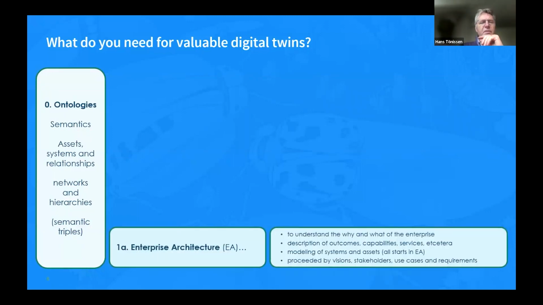If you have done that, first you want to understand the why and the what of the enterprise, to describe the outcomes and the modeling of the systems and the assets, and that all starts in Enterprise Architect. I showed that this morning, and you can also make a connection to vision, stakeholders, all kinds of use cases and requirements.